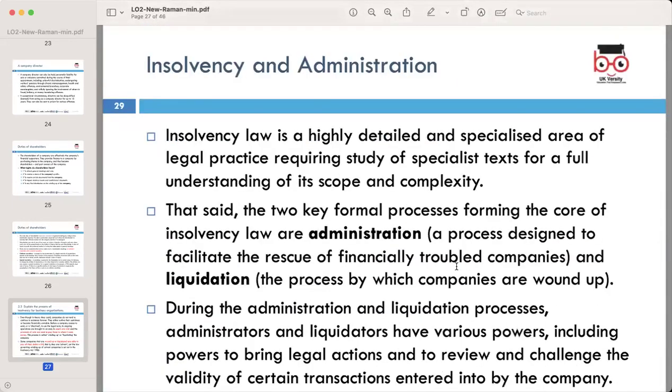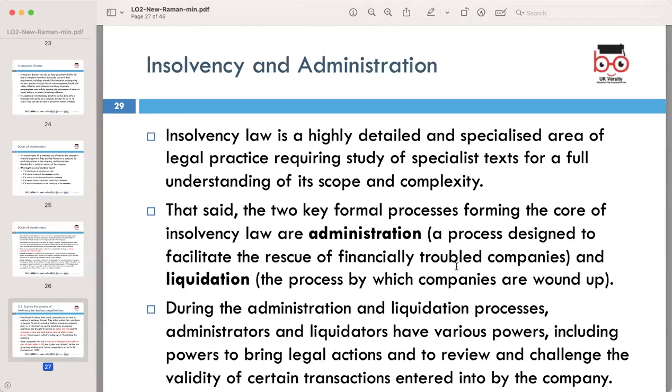Insolvency and administration. Insolvency law is a nuanced and specialized field that involves intricate processes. The primary formal processes integral to insolvency law are administration, designed to rescue financially troubled companies, and liquidation, the winding up process.